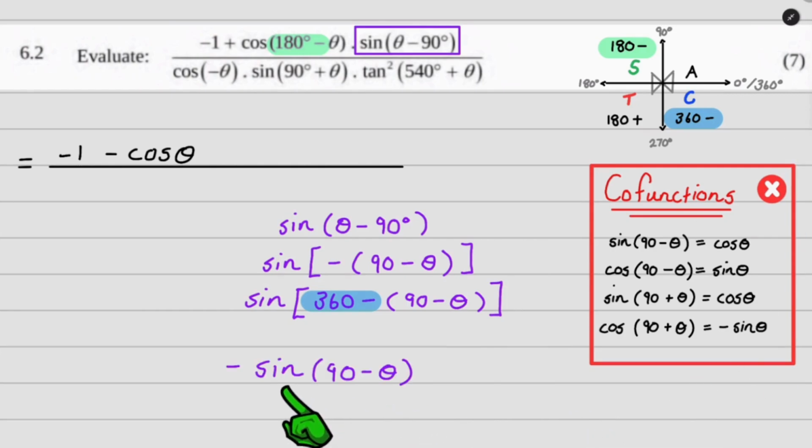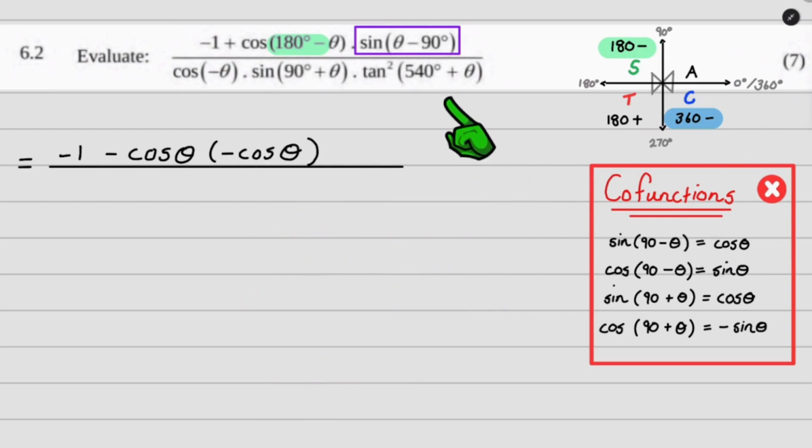And then I can go ahead and change the sine of 90 minus theta into cos theta using my cofunctions. And you almost want to get to the stage where you kind of know this off by heart. You don't want to show this working out because it doesn't get any marks. So you just immediately want to change this to this. So I'm going to do that over here. And then that sorts out this little complicated thing.